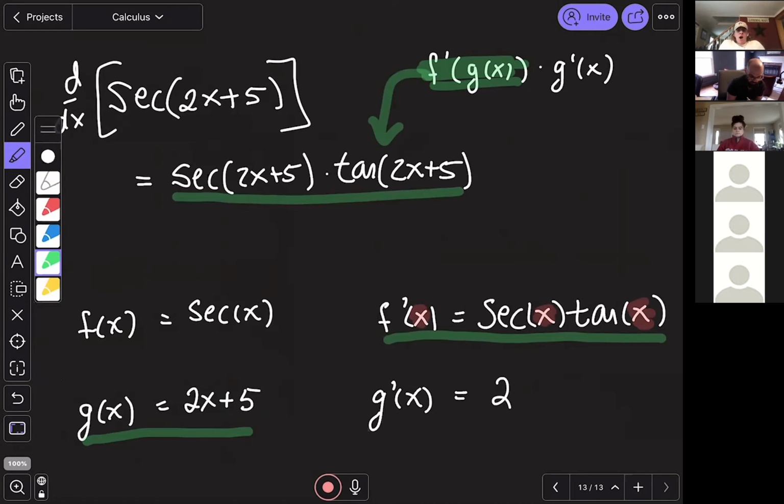And now the g prime of x is not much more to add on here, right? So this is times g prime of x, which is just going to be 2. So to complete our highlighting here, this g prime of x is this one right here.